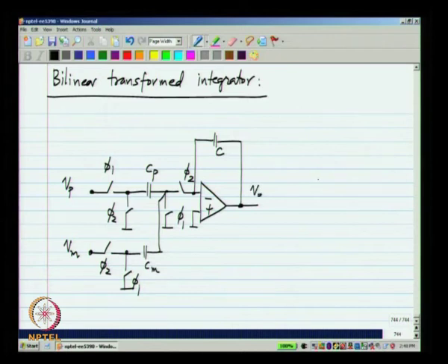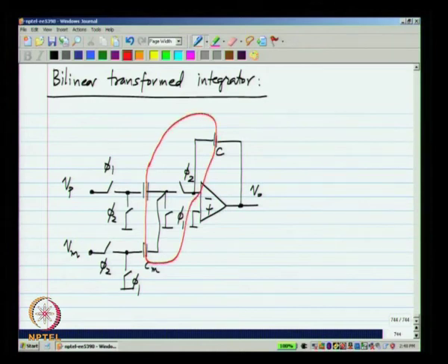And if I call this Vo, the way to analyze this is to look at the charge on these plates, on these plates just before this phi 2 is closed and just after the phi 2 is closed.